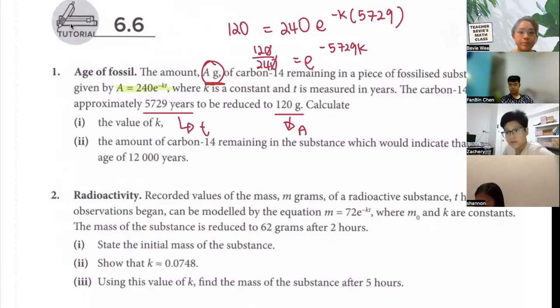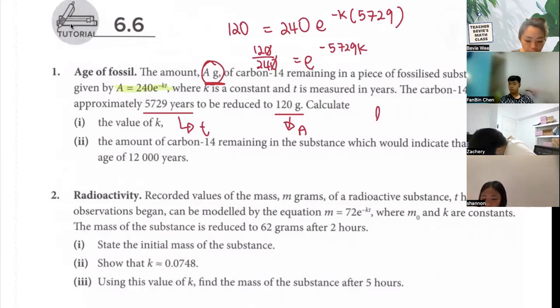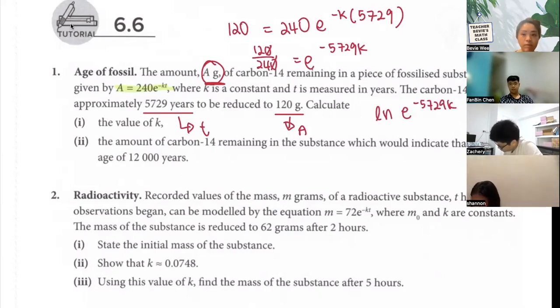No. So I get negative 5729k equals ln half.